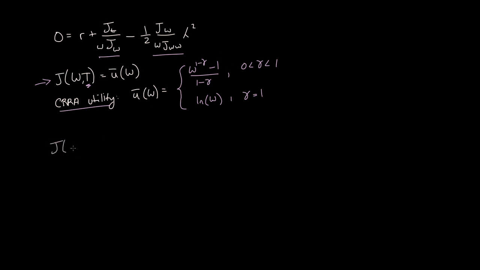Given that, from our terminal condition J(W, T) is now equal to W^(1-gamma) minus 1, over 1 minus gamma. But we want to know what the function J(W, t) is. To do that, we have to use a discount factor and roll back the wealth.